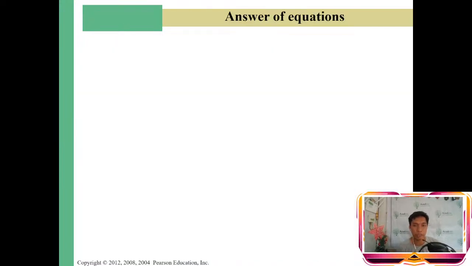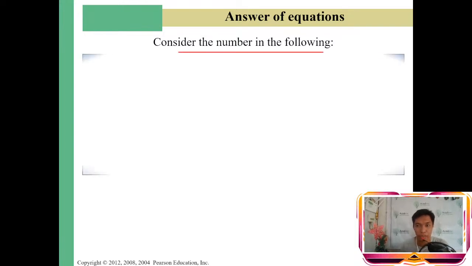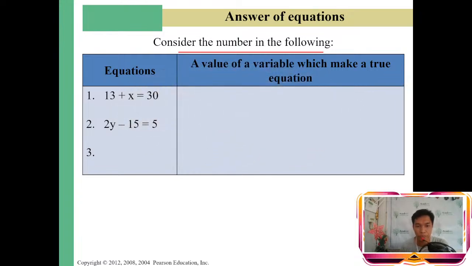Next one, we have the answer of the equation. Look at this one. What is the answer of x to become 30? It is 17. 13 plus 17 equals 30. And then we have 2y minus 15 equals 5.